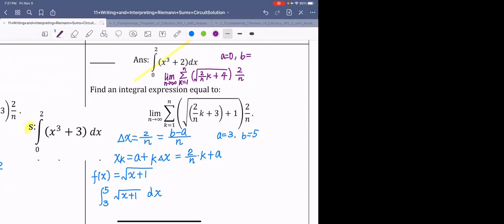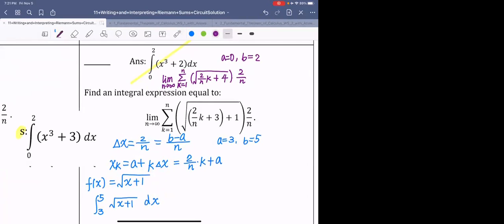Oh, yeah. And then I'm going to do this integral from 0 to 2, square root of x plus 4 dx, correct? Yeah, you see, teacher, why do I get 2 different answers?